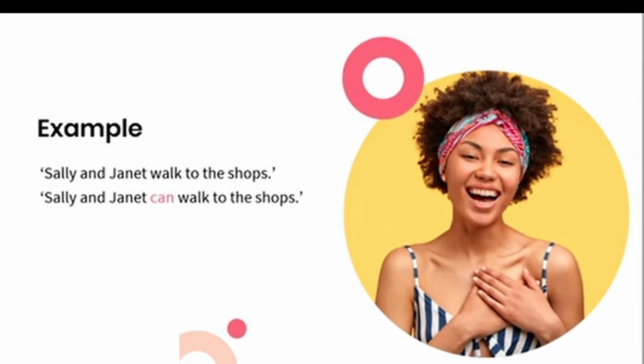Sally and Janet can walk to the shops. Now that we have added this modal verb, can, it's clear that Sally and Janet are able to walk to the shops, possibly because they live close enough to the shops to be able to walk there.